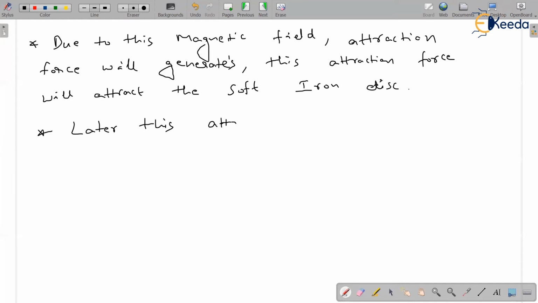This attraction force will convert into rotating force.